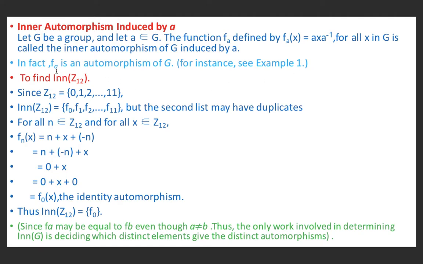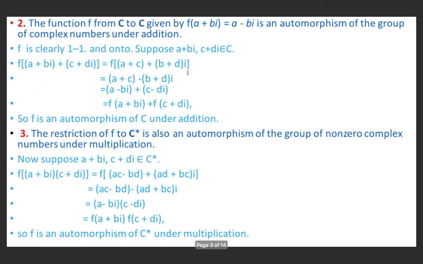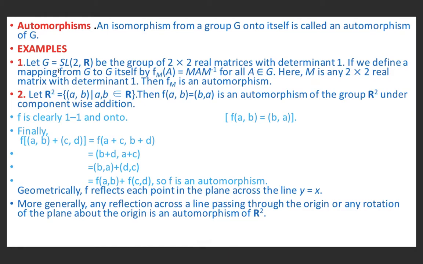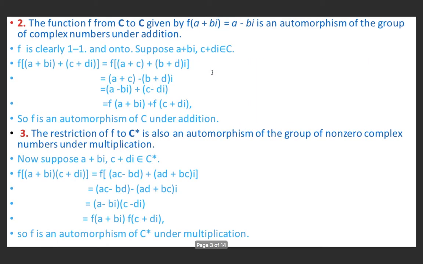In that case Fm is an automorphism of G. So this function Fa, which we call inner automorphism of G, is also an automorphism of G. So this is the example of G being a set of real matrices with determinant 1, and Fm is a mapping from G to itself defined as M A M inverse.